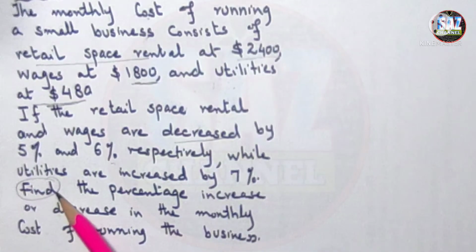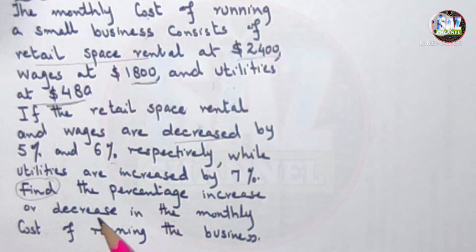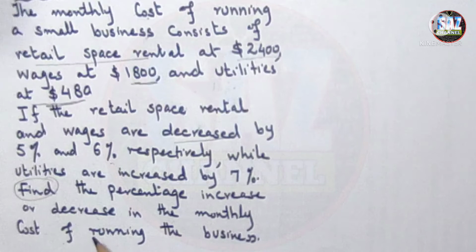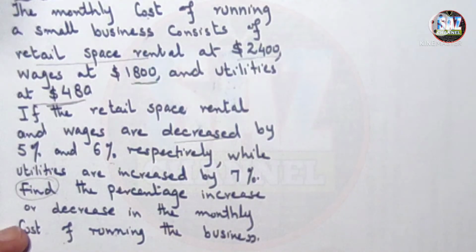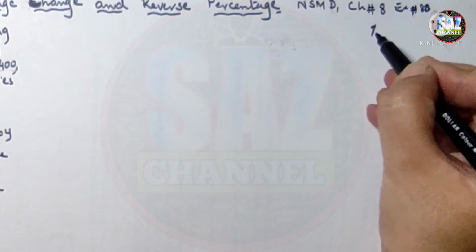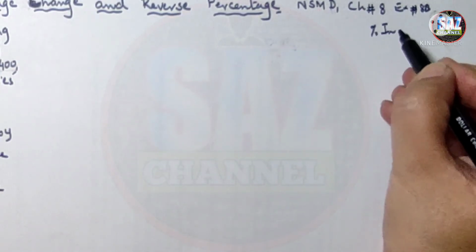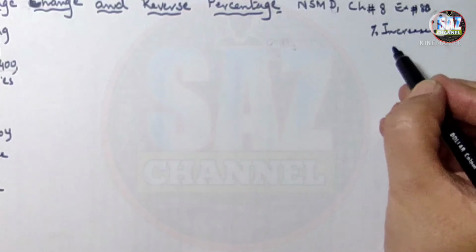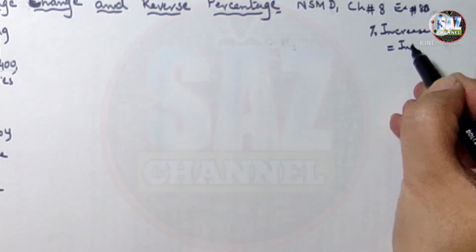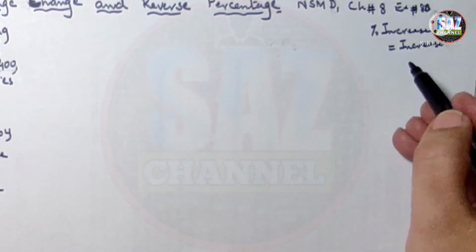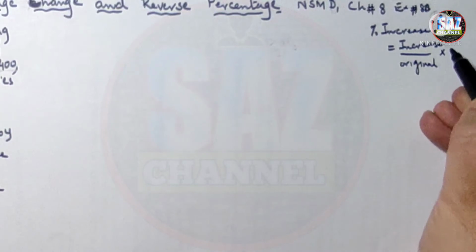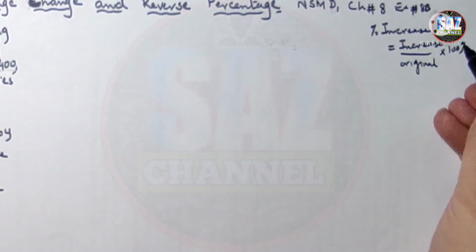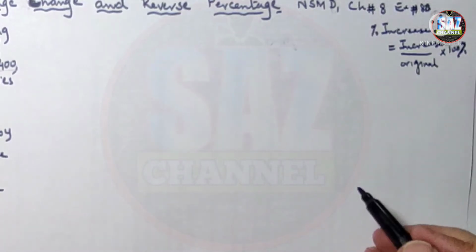The final requirement is that we have to find the percentage increase or decrease in the monthly cost of running the business. So it's really important to support your working with formulas. The formula for the percentage increase is equal to increase over original multiplied by 100%, and the same for decrease: decrease over original multiplied by 100%.